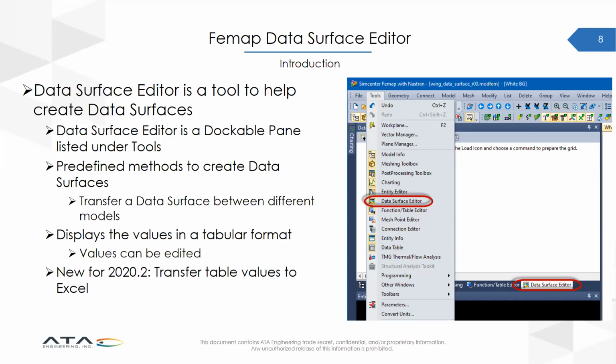One of the new features introduced in 2020.2 is transferring table values directly to Excel. For the example I'm going to show, they're relatively small tables, so working in Excel is not necessary, but it's a very useful tool if you're working with data from a test, for example, or if you have lots of values to edit, it may be much faster to do things in Excel. You can also always copy and paste the data table itself into any kind of text editor that you are using.